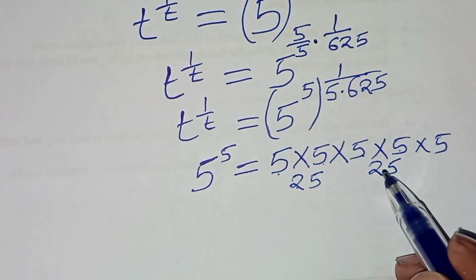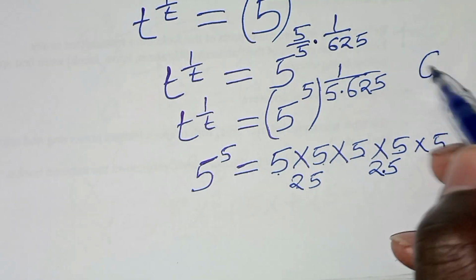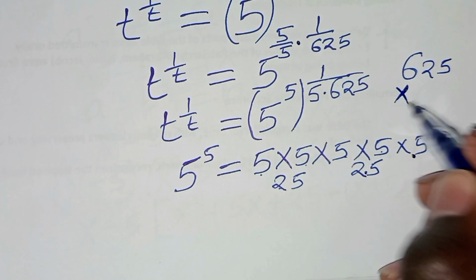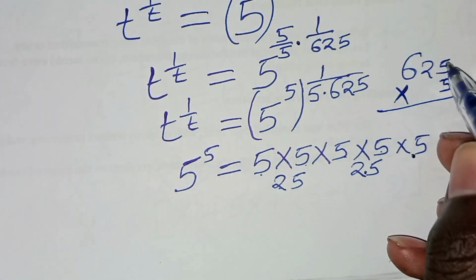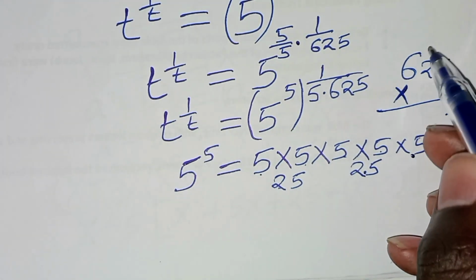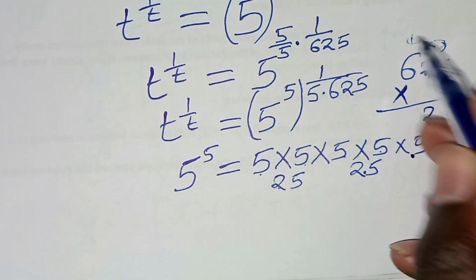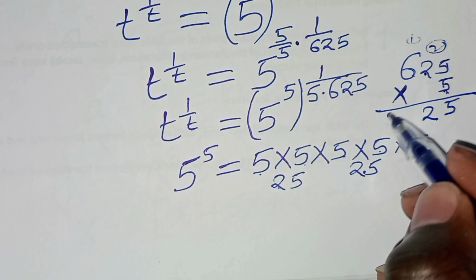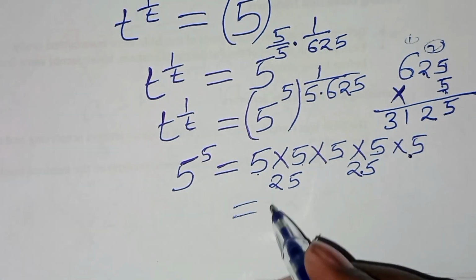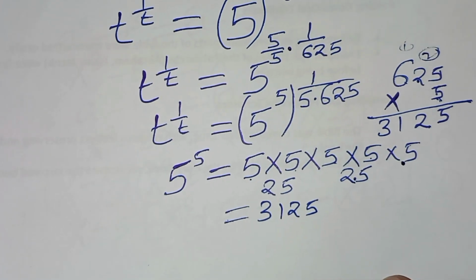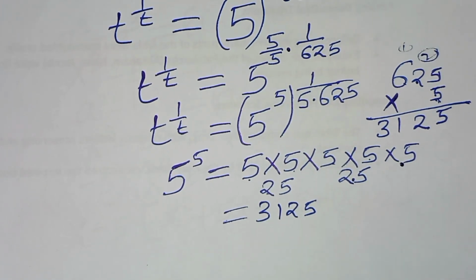So 25 times 25 is actually 625, multiplied by 5. So 5 times 5 is 25, carry 2. 5 times 2 is 10, plus 2 is 12, carry 1. 6 times 5 is 30, plus 1 is 31. So we have 3125. Now, let's proceed from here.